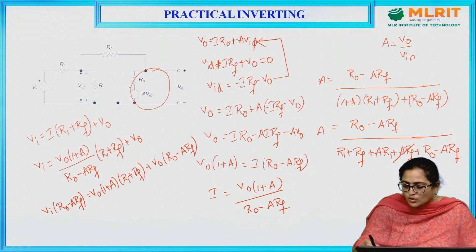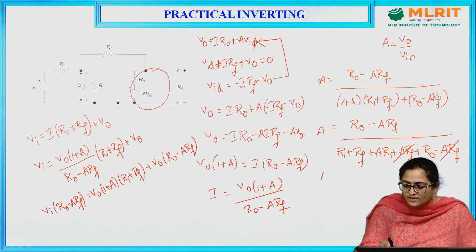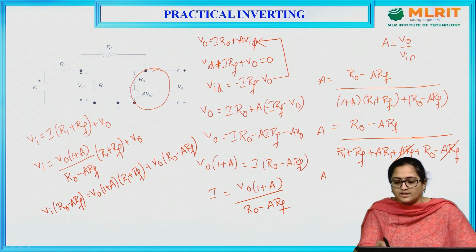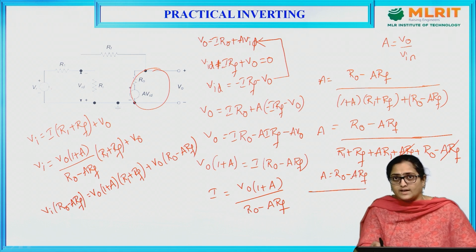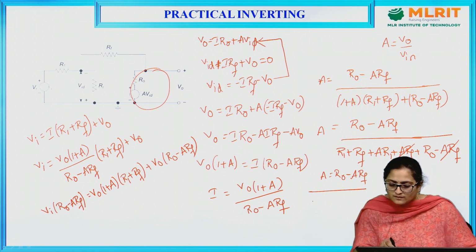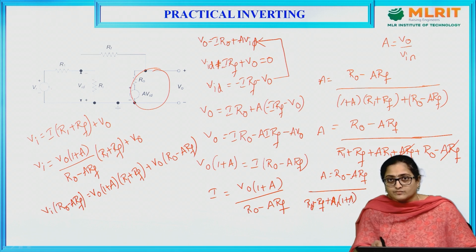This positive ARF minus ARF will cancel out, and you can write A is equal to (R0 minus A into RF) divided by R1 plus R0 plus RF plus A into R1, into (1 plus A).